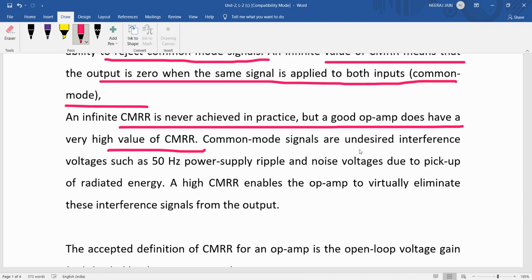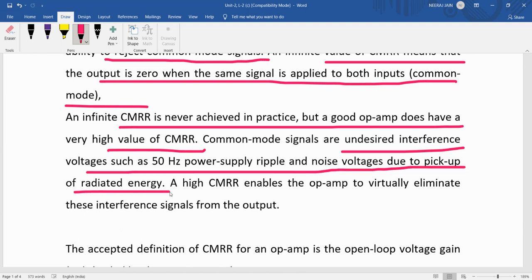Common mode signals are undesired interference voltages such as 50 Hz power supply ripple and noise voltages due to pickup of radiated energy. A high CMRR enables the op-amp to virtually eliminate these interference signals.